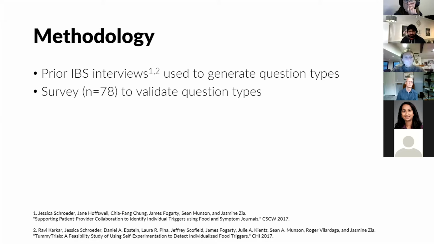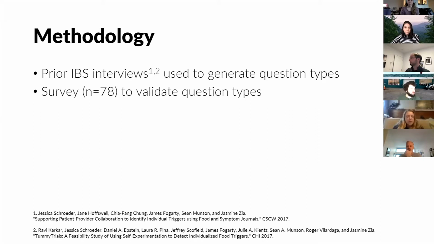And I led the work on building a platform for running such self-experiments among the population and determining which particular food might be aggravating the symptoms of a particular individual. We had collected qualitative data in these studies, which hinted that there might be more to it than answering the basic question like, is this particular food triggering my IBS symptoms?